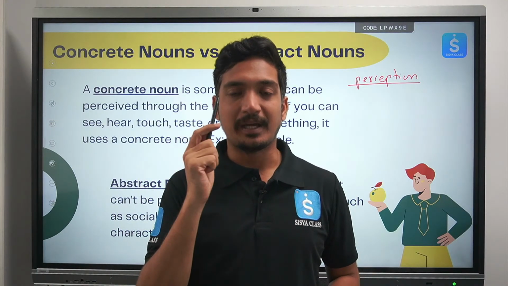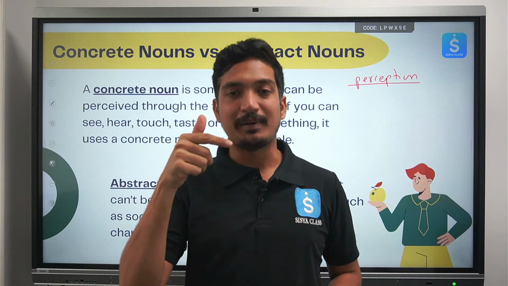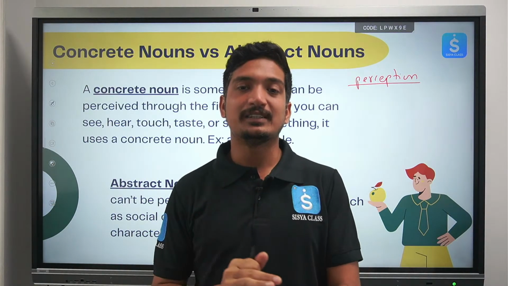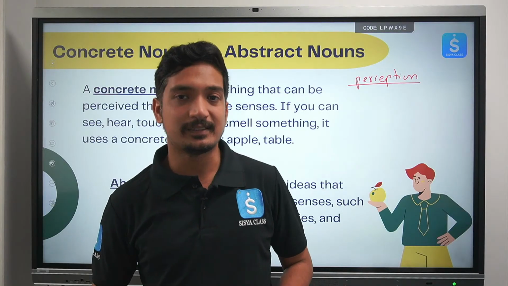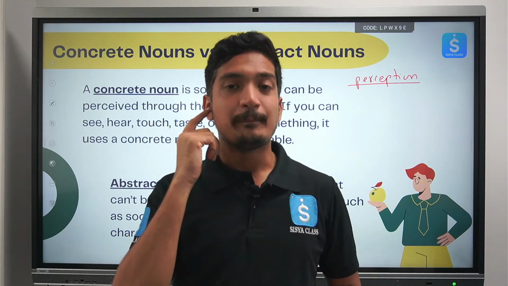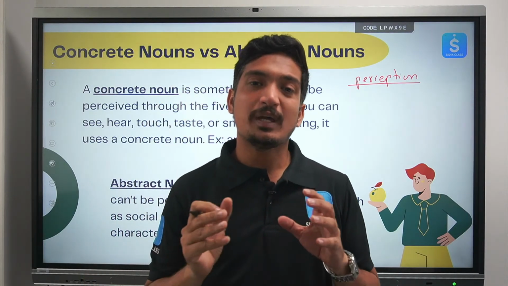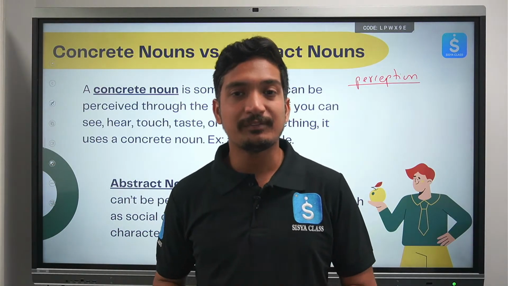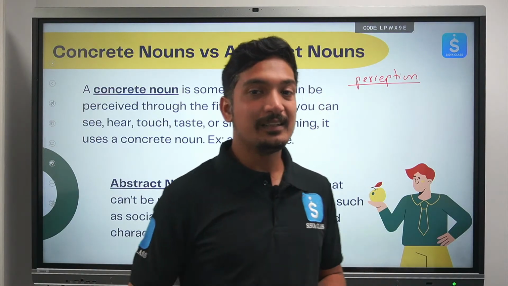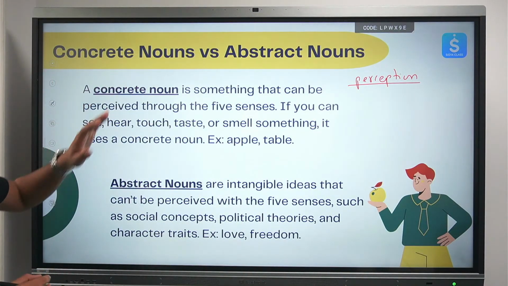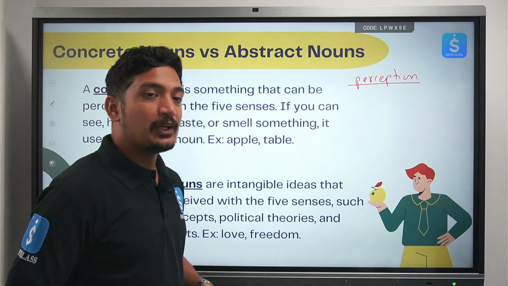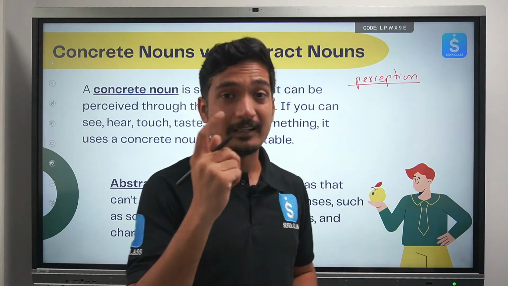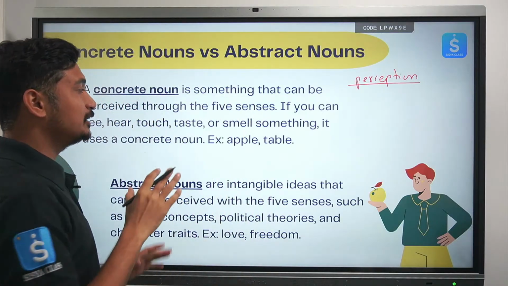That is vision by our eyes, then we have smell by our nose, we have taste by our tongue, and then we have the sensation of touch by our skin, and then sensation of hearing by our ears. Okay, so any noun that can be sensed by any of the five sensory organs will be considered as the concrete nouns. However, the nouns which cannot be sensed by any of our five sensory organs will be considered as abstract nouns. Okay, that's how simple it is.